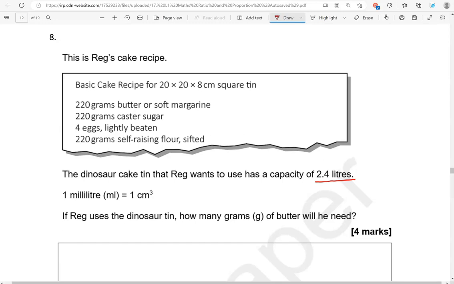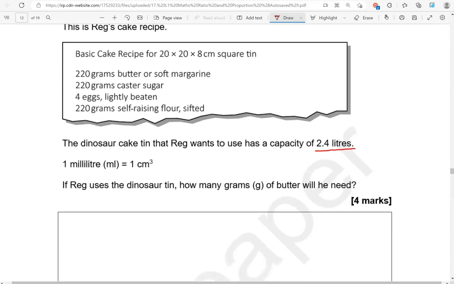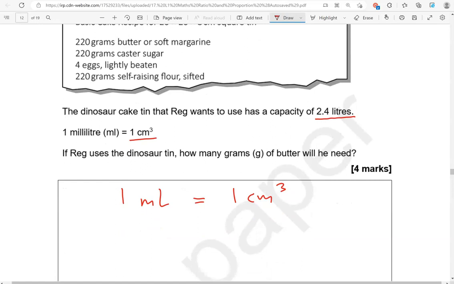So 2.4 litres, we're going to convert that into cubic centimeters. If 1 milliliter is equal to 1 cubic centimeter, what about 2.4 liters? We need to write it in milliliters here, because we've got to keep the unit the same. In 1 litre there are 1000 milliliters.